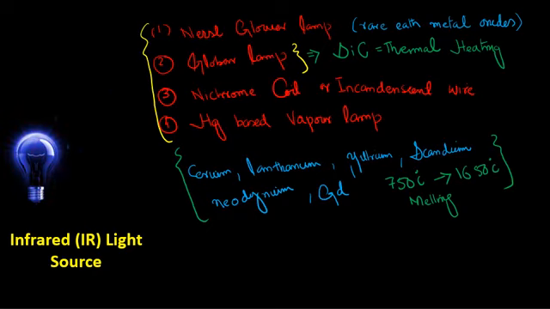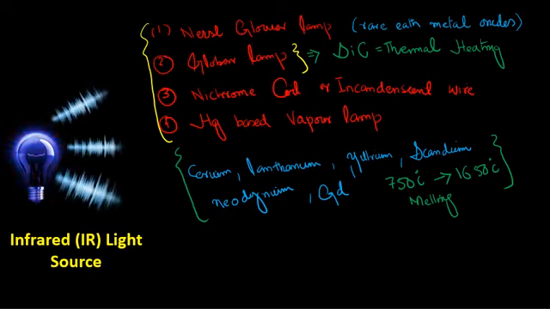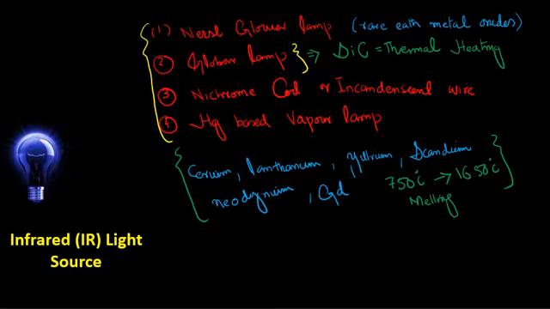Keep in mind that silicon carbide also has a high melting temperature, and that is the reason it is used as an IR source material.